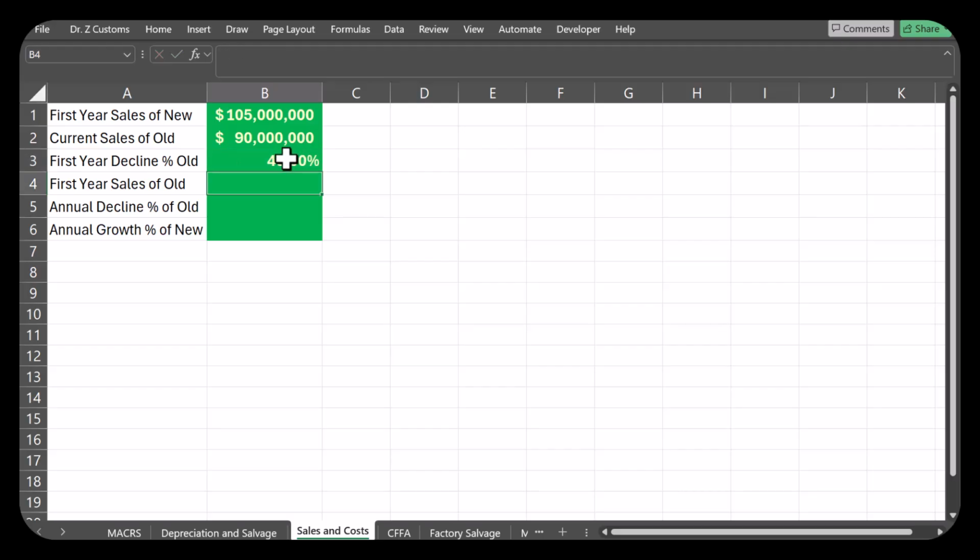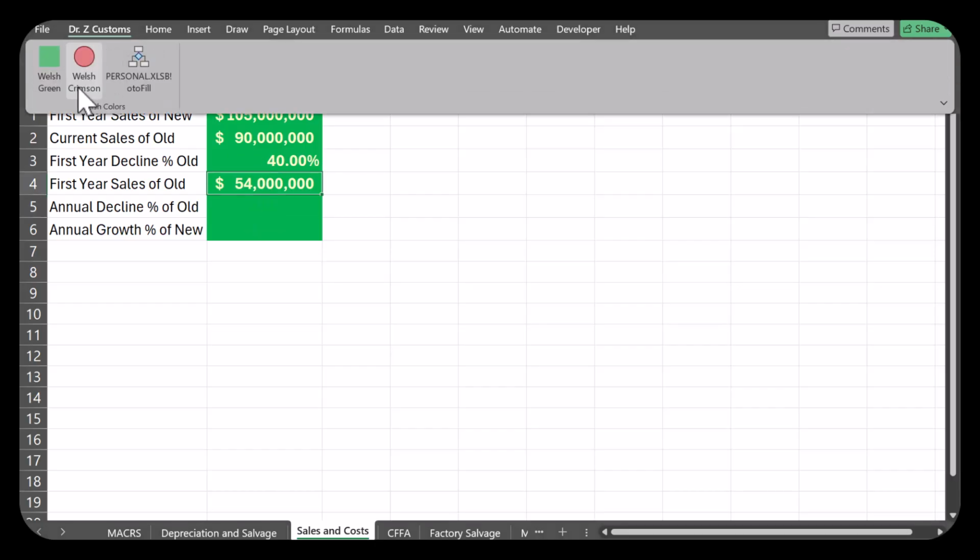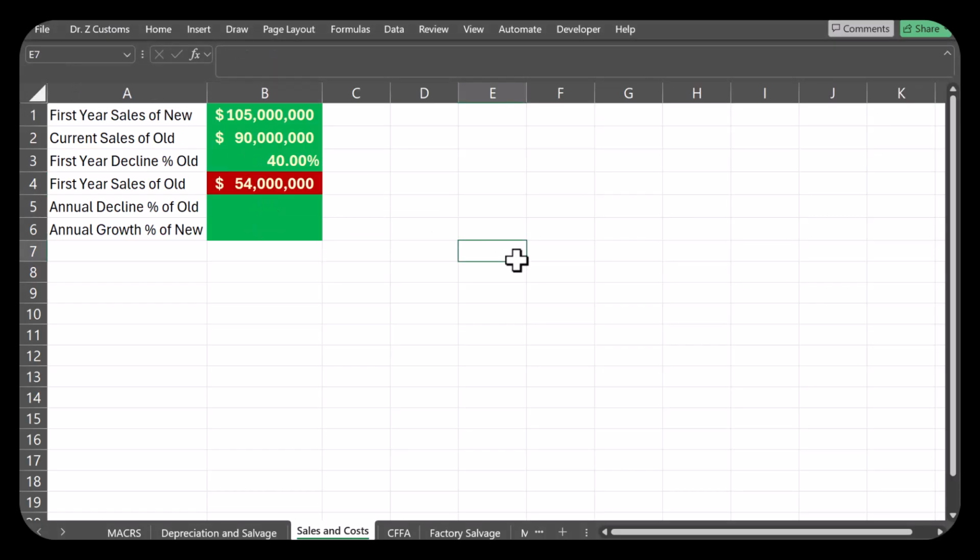This I can actually calculate: 90 million times 1 minus 40%. That's actually something I calculated, so I'm going to leave it as non-green. And these are going to decline by 15%.